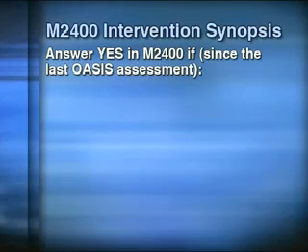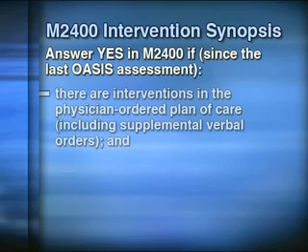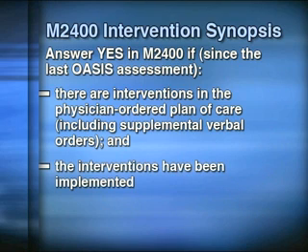The supervisor confirmed that for this patient, the appropriate answer for row B, falls prevention interventions, was yes, since even though the original plan of care did not include falls risk interventions, there were supplemental verbal orders for a physical therapy evaluation and falls risk interventions, and the clinical notes documented that the ordered interventions had been implemented.